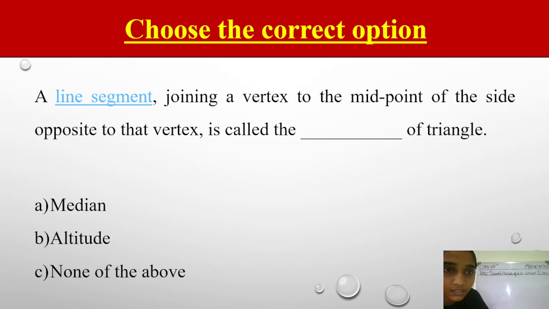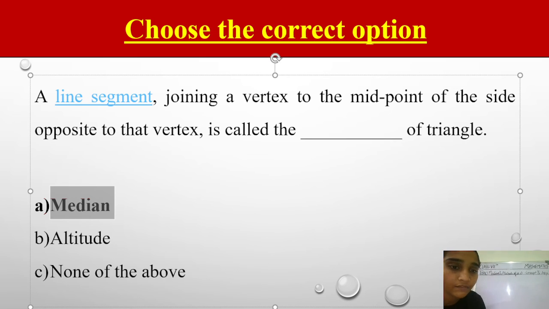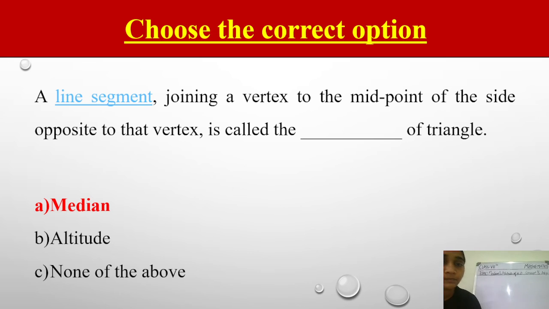Yes, you can give the answer as A or B or C. It is asking about joining the midpoint of the side opposite to the vertex. Very good. It will be the median. If you have given median as the answer, you are very correct.